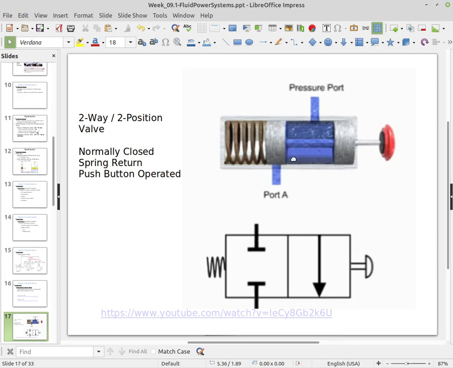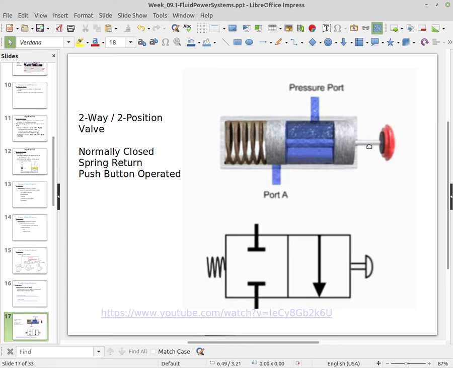Okay, but here I'll just try to walk you through it. This is a simple control valve. It is a two-way valve, meaning that it's basically got two ports. Sometimes they call it a two-port. You usually have port A, and if you have multiple ports, A, B, C, so you have port A, and then you have your pressure port here.